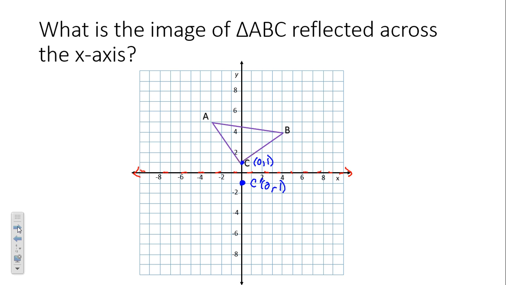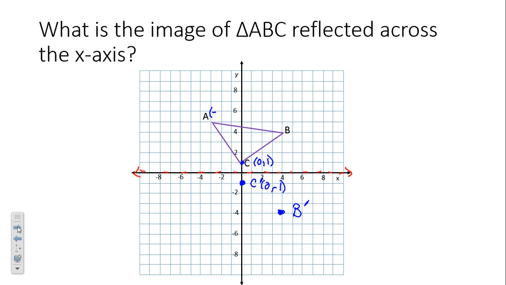Same thing happens with B. Where's B at? It's at 4, 4 right now, so it will be at 4, negative 4 when it's reflected. Make sure you label it B prime. Okay. Third point A. Where is it at? It's at negative 3, 5 right now.